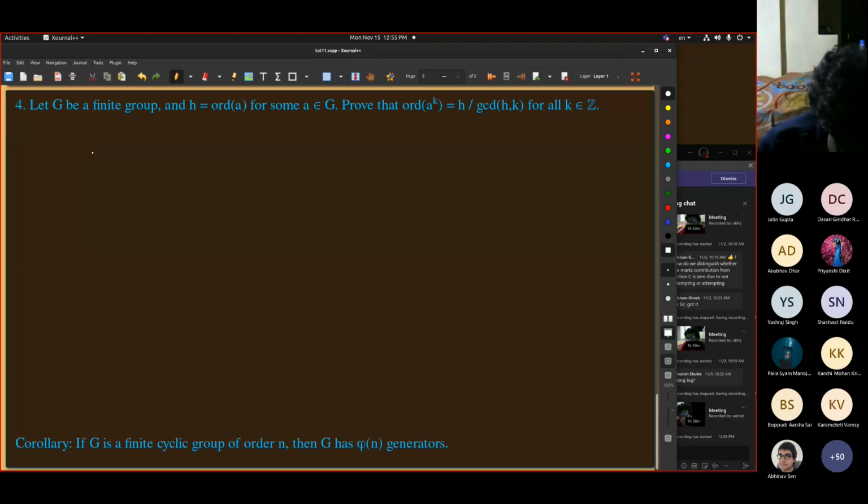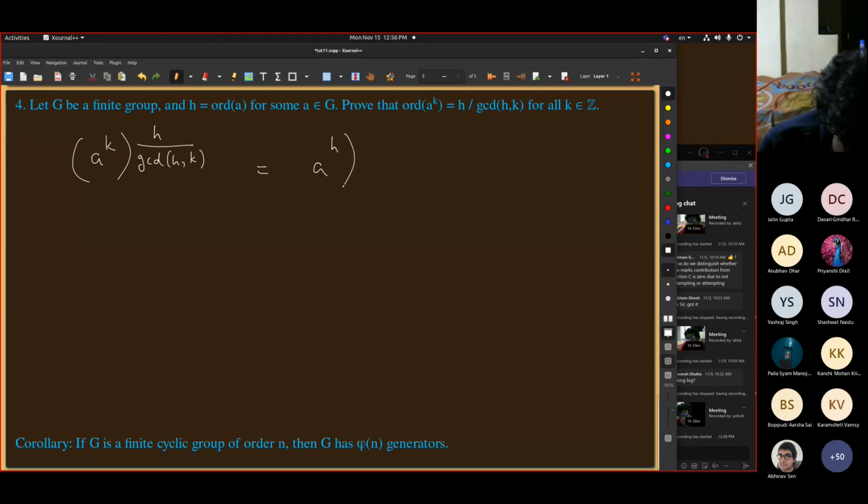So how do I prove this? First of all, I raise A power K to the power H by GCD(H,K). This can be written as (A power H) whole power K by GCD(H,K).